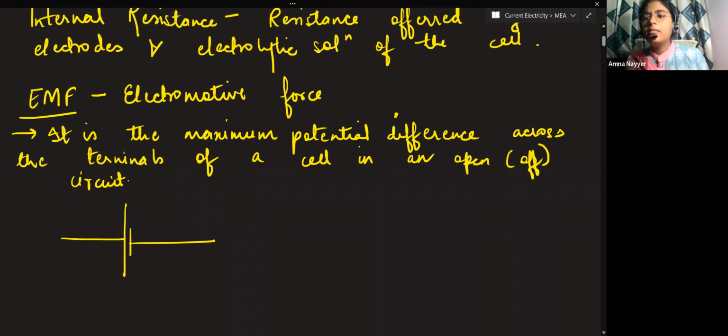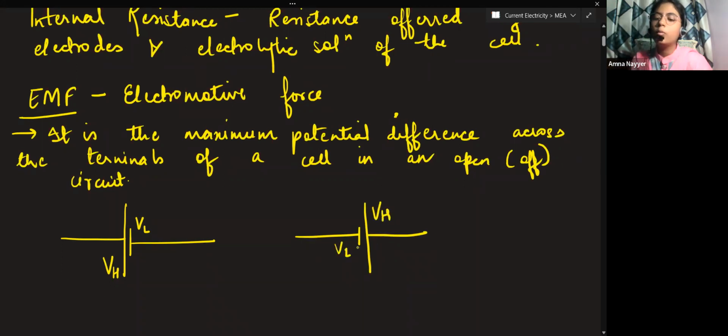The smaller line shows the negative terminal, meaning the potential here is lower. The bigger line is the positive terminal, which shows that the potential over here is higher. It can be drawn in either order, but the bigger line has to be the higher voltage and the smaller line the lower voltage.